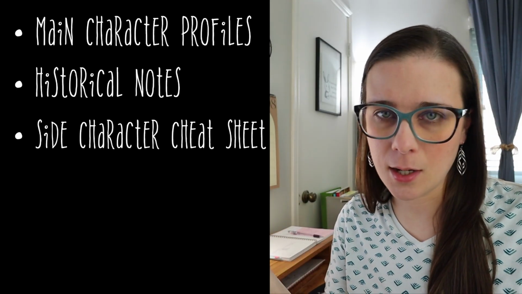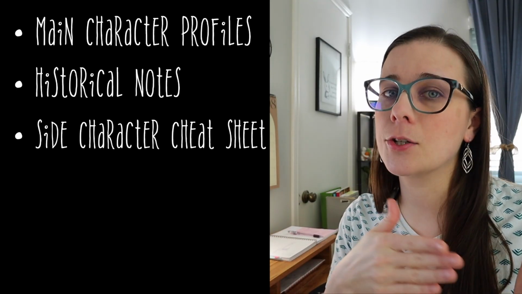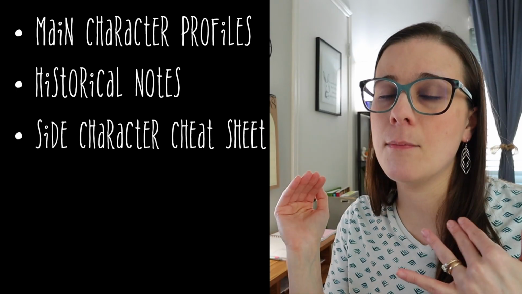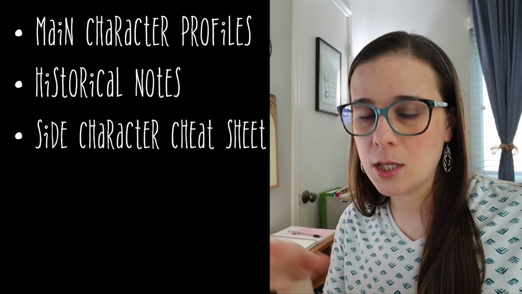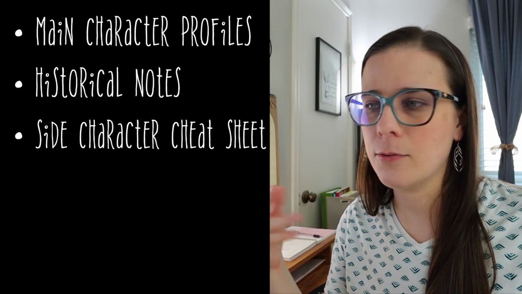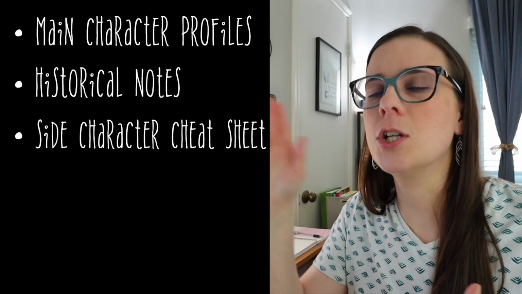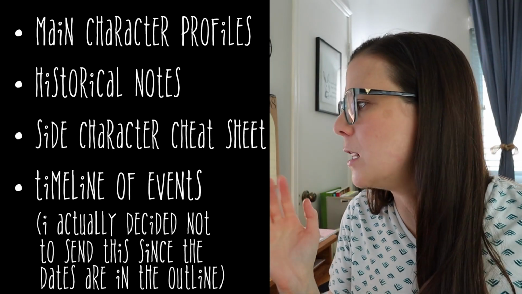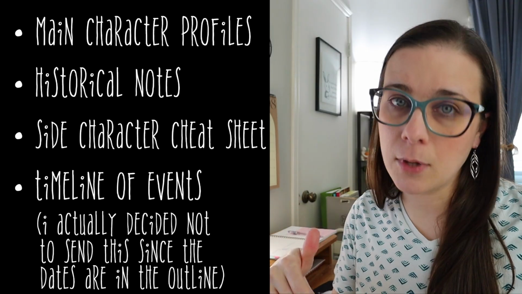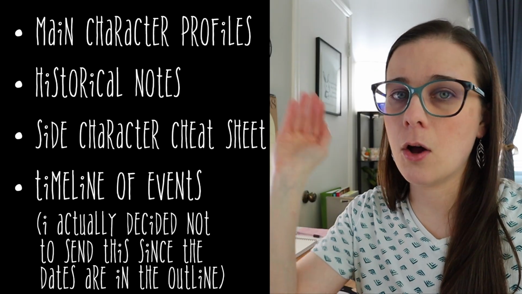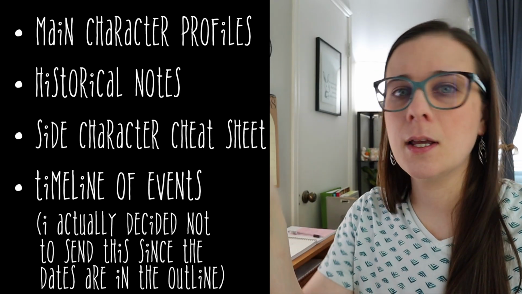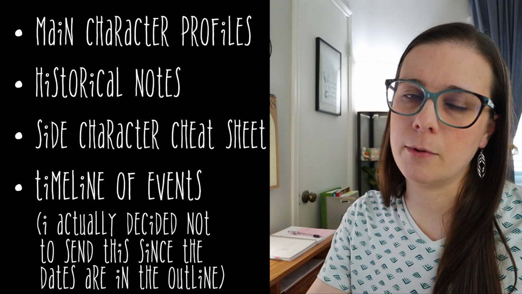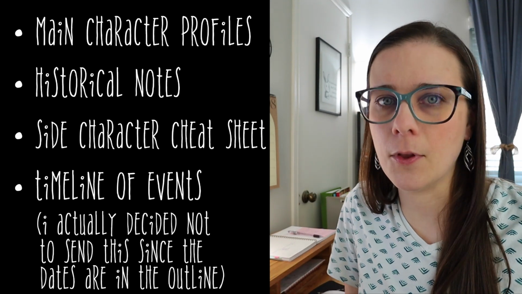Some are more important than others, but any named character in the outline, I have listed in this other document just in case she gets halfway through and is like, wait, who was this again? She can just look back at this cheat sheet. And then I also have a timeline of events that goes through date wise what's happening on November 1st, what's happening on November 4th, and down the line like that.